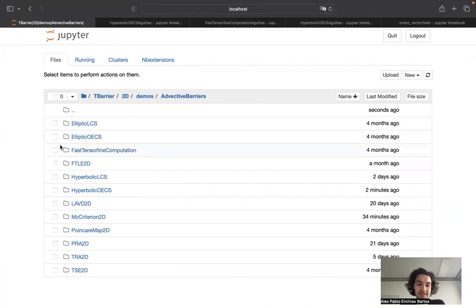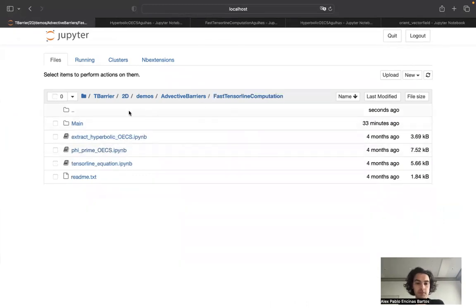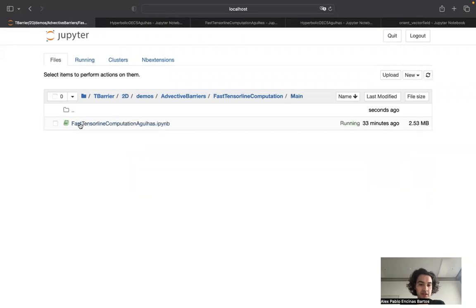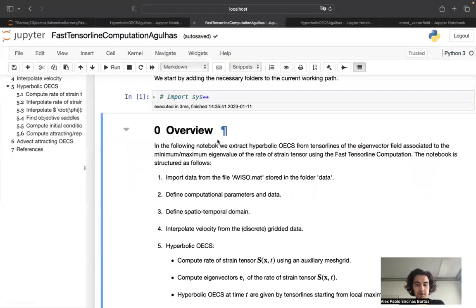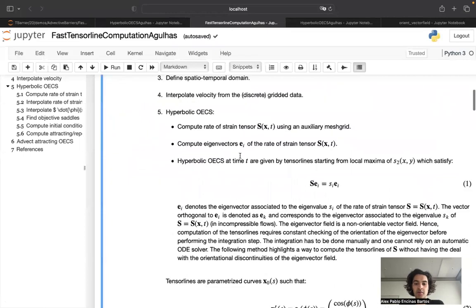What it does is compute the attracting and repelling OECSs on the fly without the need to check the orientation of the eigenvectors during the integration. So if we go to the main script of this fast Tensorline computation, how do we approach this problem?